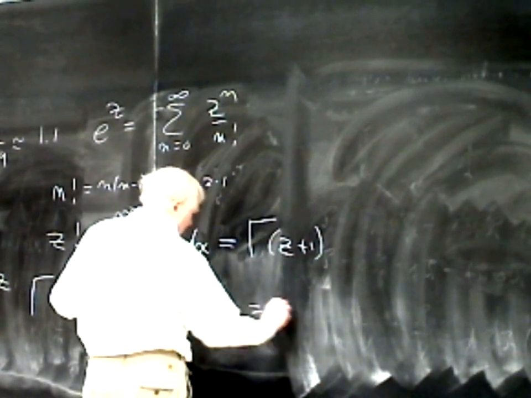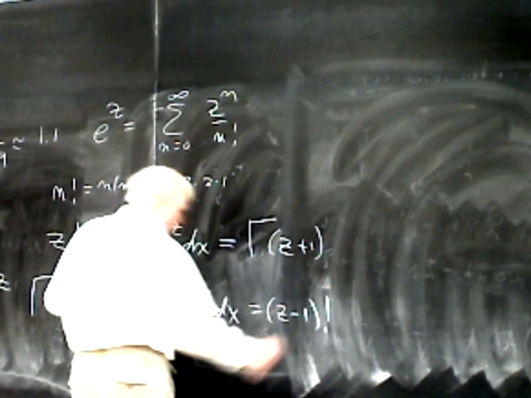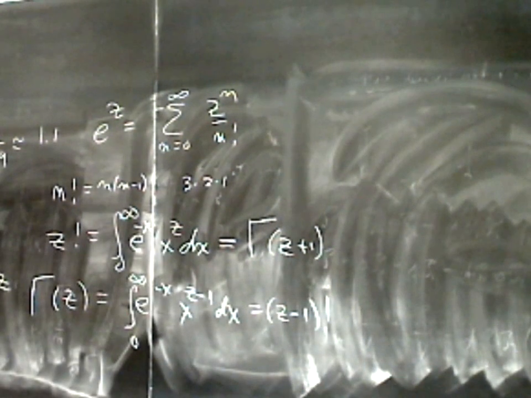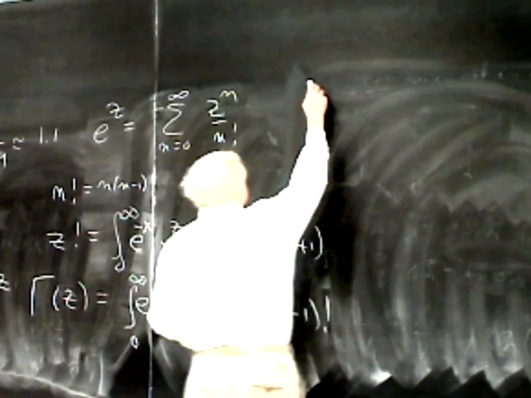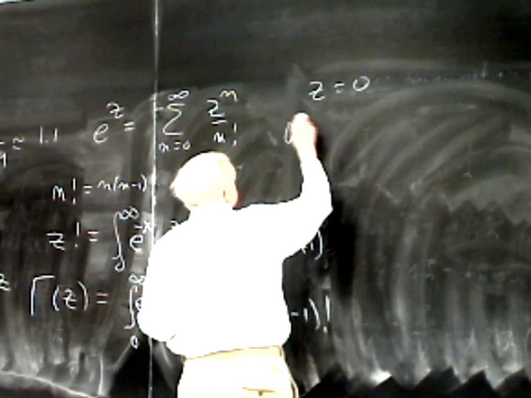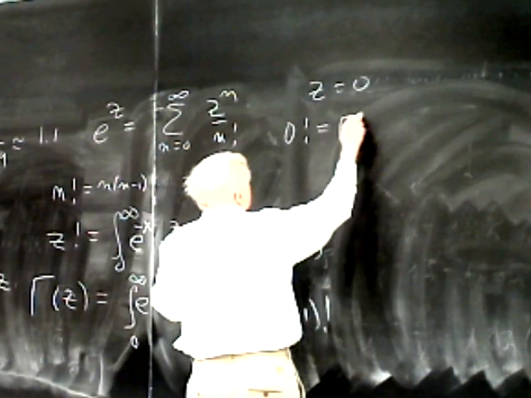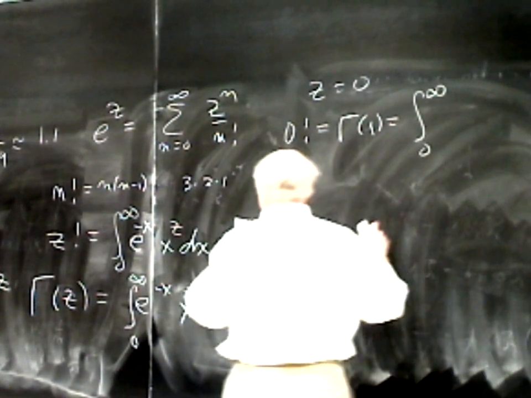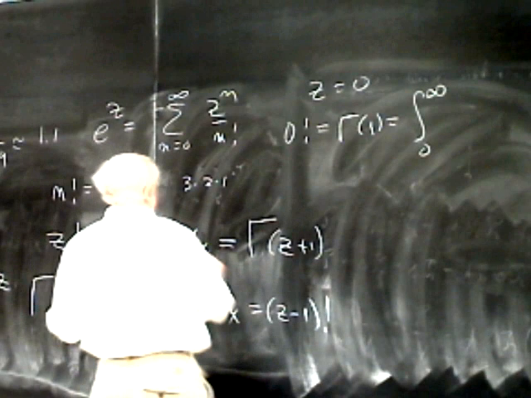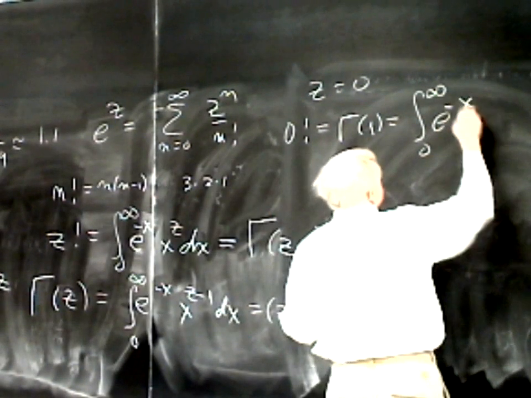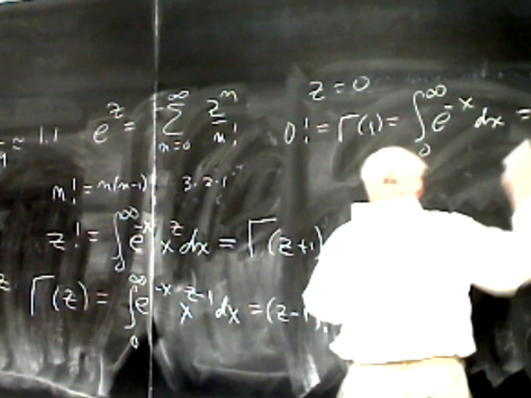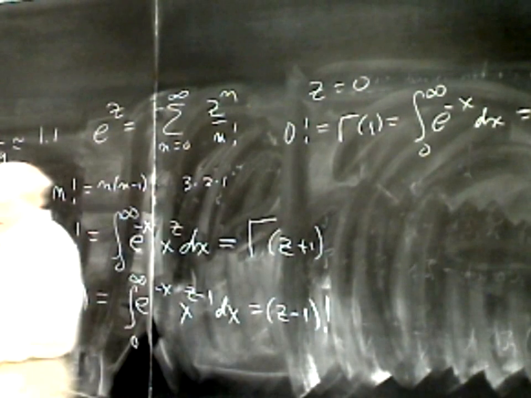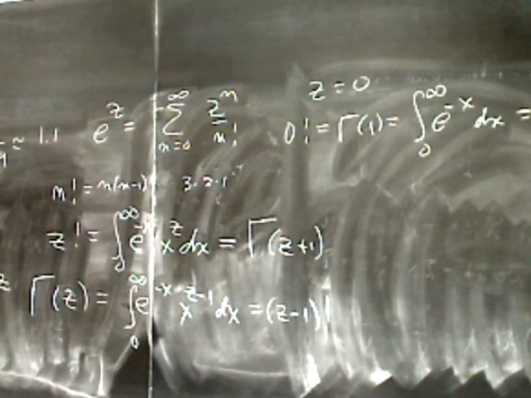And this is also the z minus 1 factorial. Now, in particular, if z is equal to 0, then 0 factorial is gamma of 1, and this is the integral 0 to infinity. Z is 0, so this is just e to the minus x dx, which is equal to 1. So that's why 0 factorial is 1.